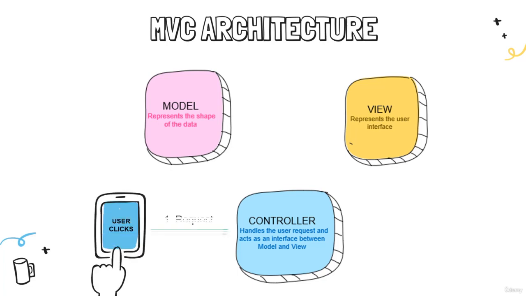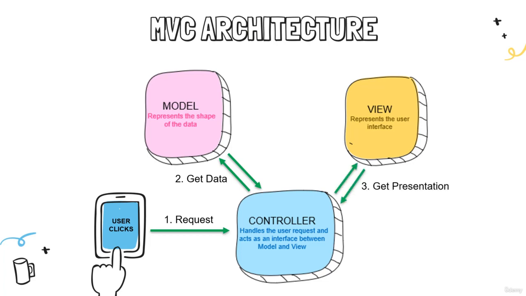So let's say if a user clicks on a button, controller is the first thing that will receive that request. Then controller will have lots of action methods. Based on those action methods, controller will redirect this request to one of the action method, and controller will use the model. It will fetch all the data that it needs to display inside the view.